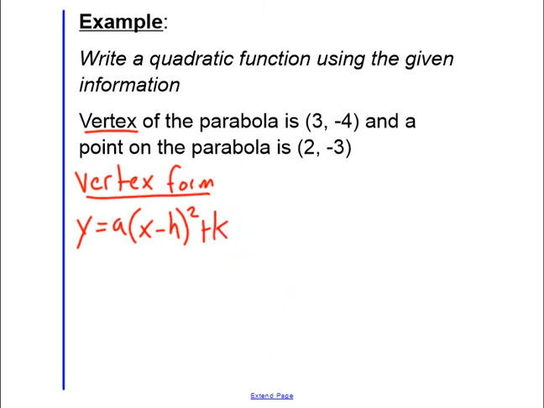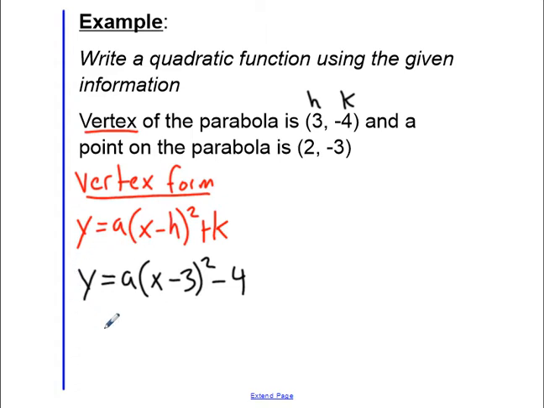So in our given information, we're given our h and our k. So I'm going to go ahead and plug these into the h and the k. So our x is minus 3 squared minus 4.